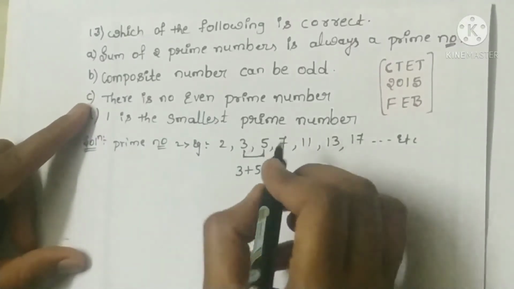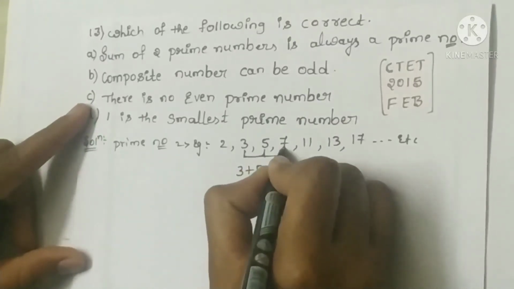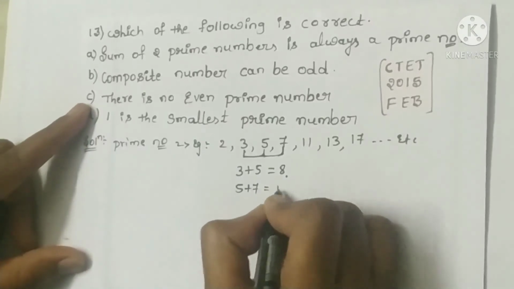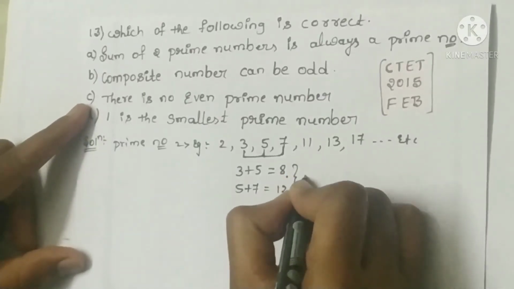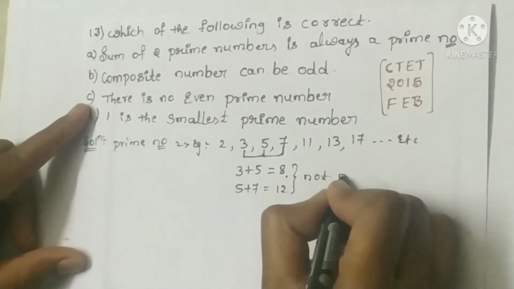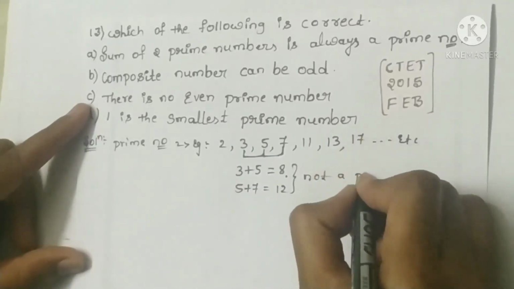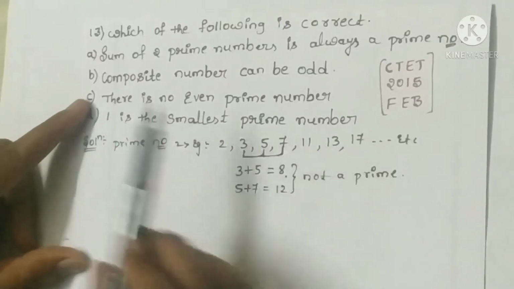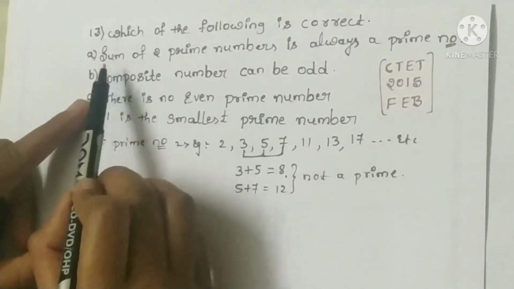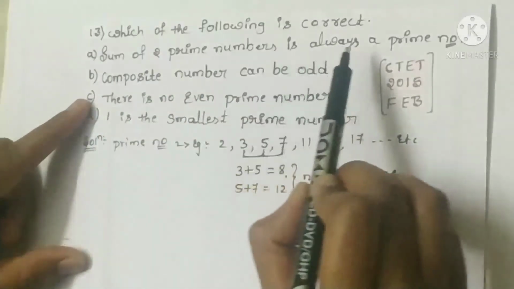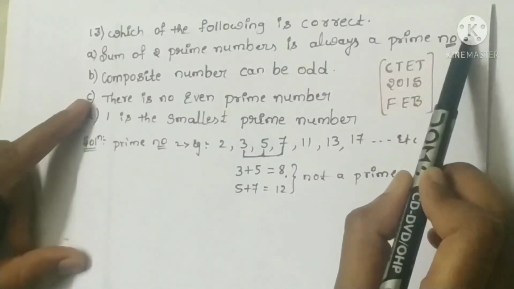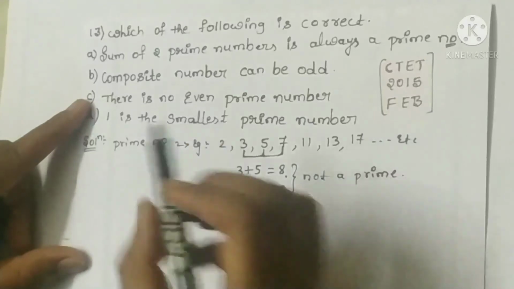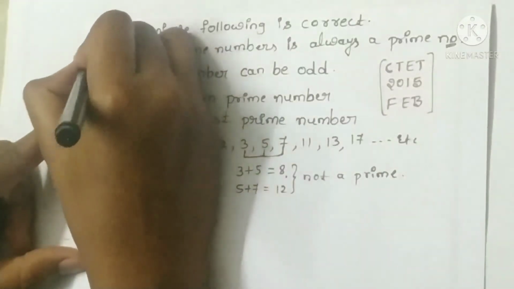Similarly, I consider 5 and 7. 5 plus 7 is equal to 12. This is also not a prime number. So option A, sum of two prime numbers is always a prime number, this statement is wrong. I have proved it here. So option A is not correct.